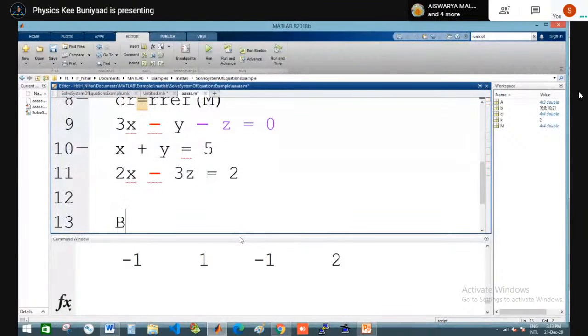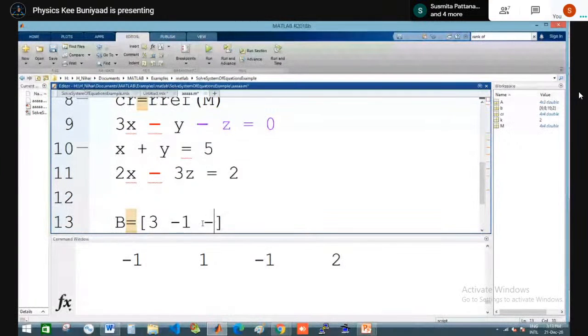Now I will equate all the coefficients to a matrix B. So how will I equate? Just like 3, space, here the coefficient of y is how much? -1. So I will put here -1. And again the coefficient of z is -1, so I will put -1.